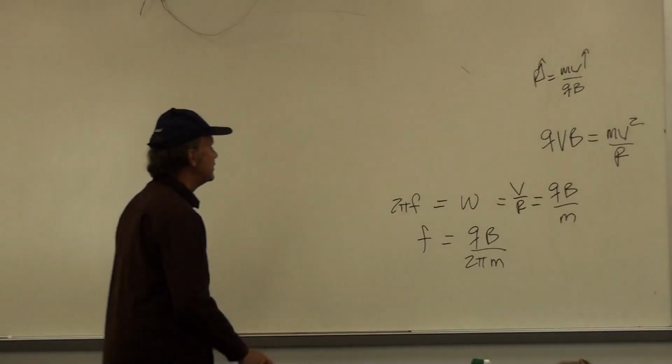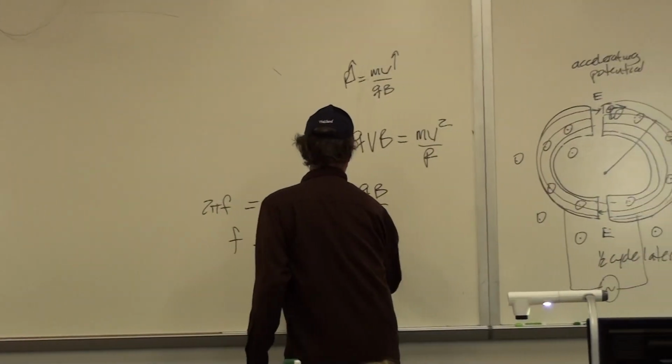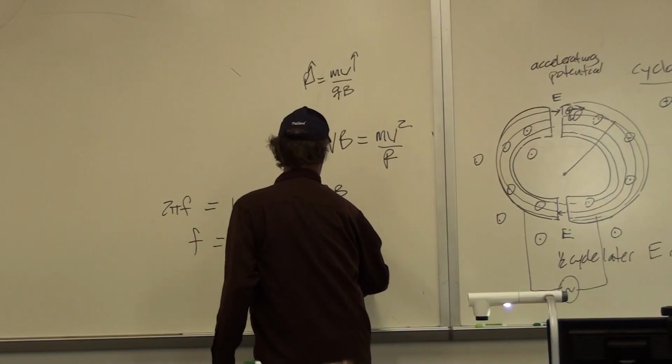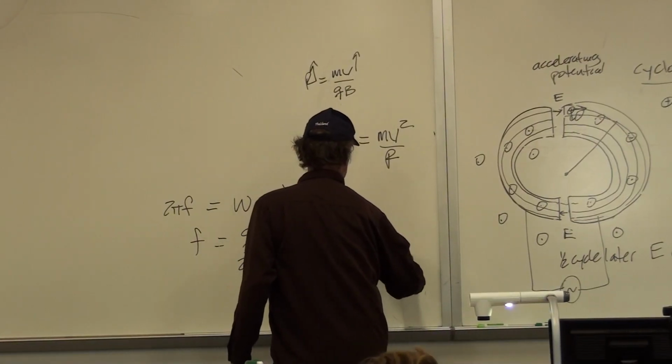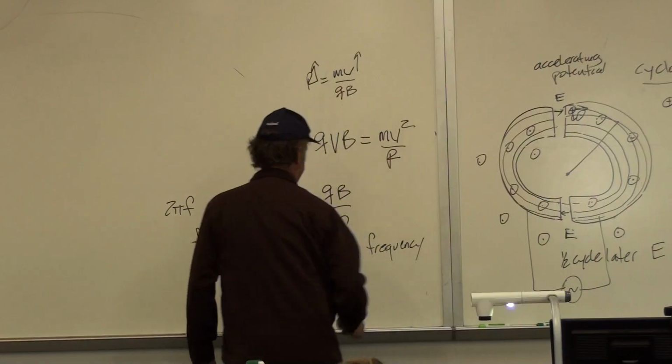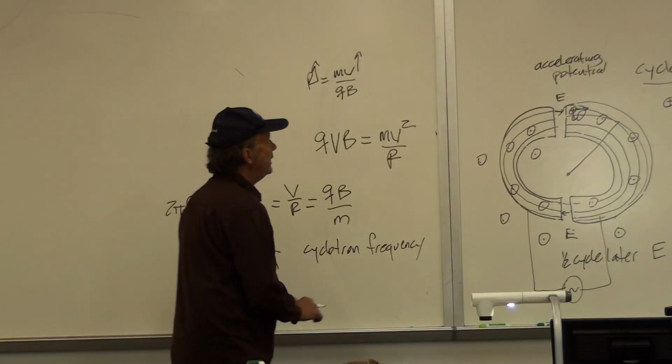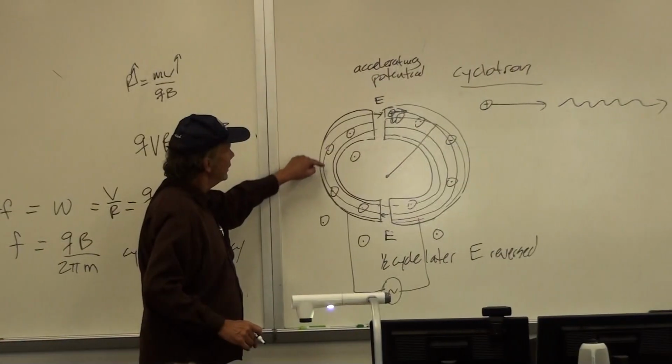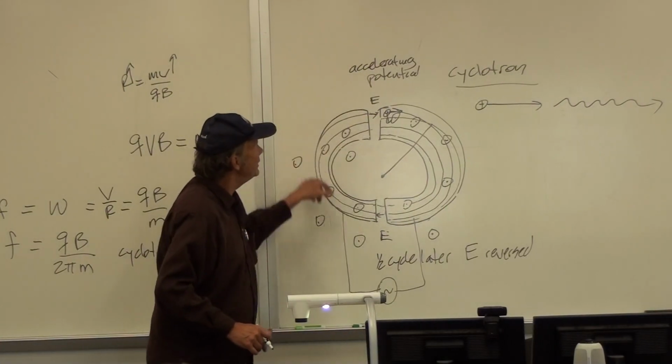And so that's what we call the cyclotron frequency. So this is, again, a way in which you're not doing any work on the charged particles, but you're keeping them confined.